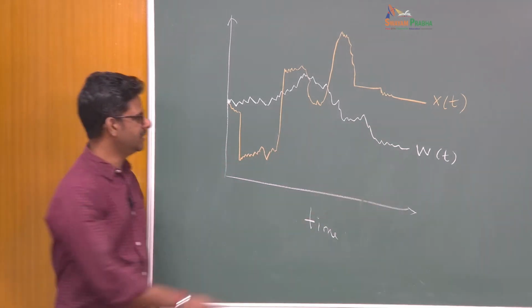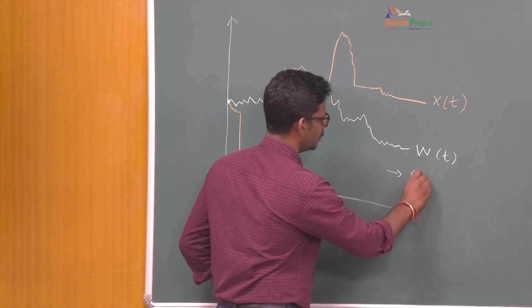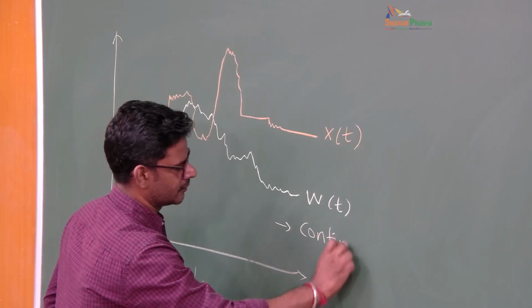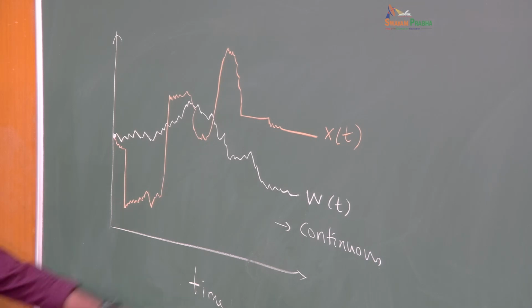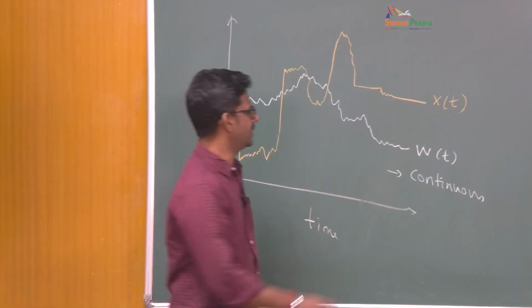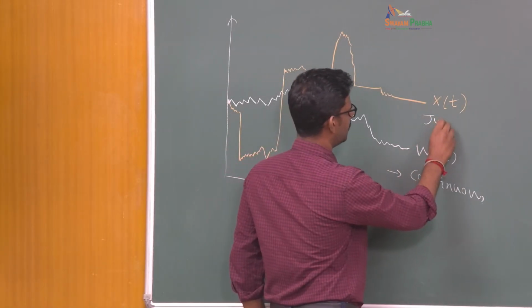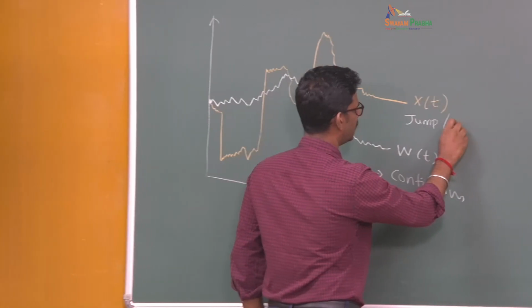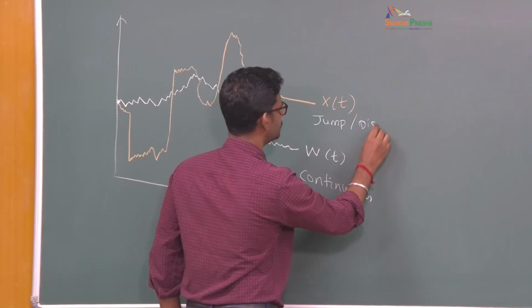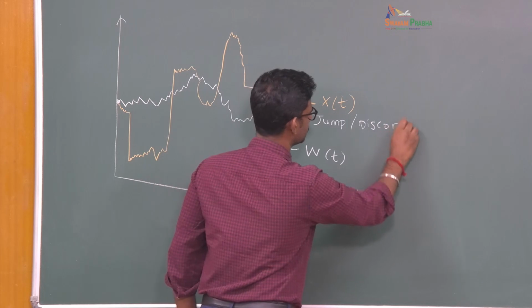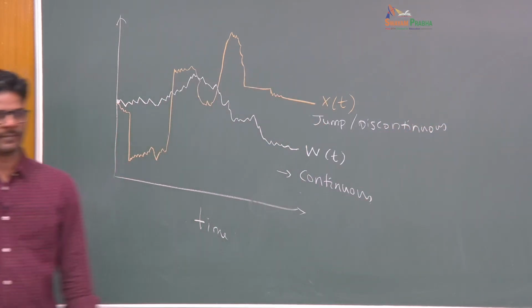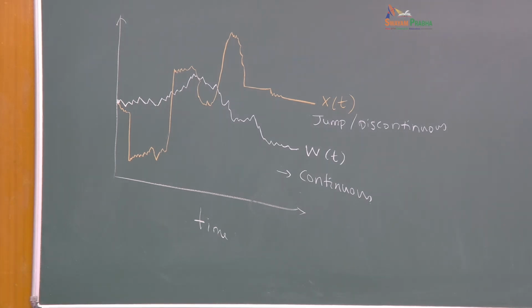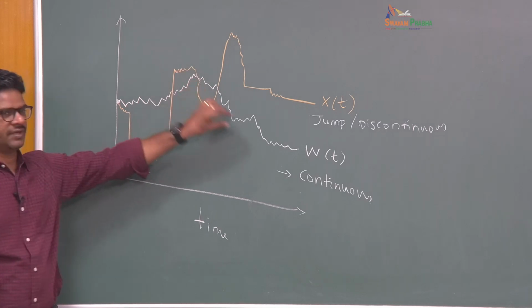We say that these kinds of processes are continuous. We call this a continuous Markov process. This one we say is a jump Markov process, jump or discrete or discontinuous. So we would like to distinguish between two kinds of Markov process. One where the jumps are very small.